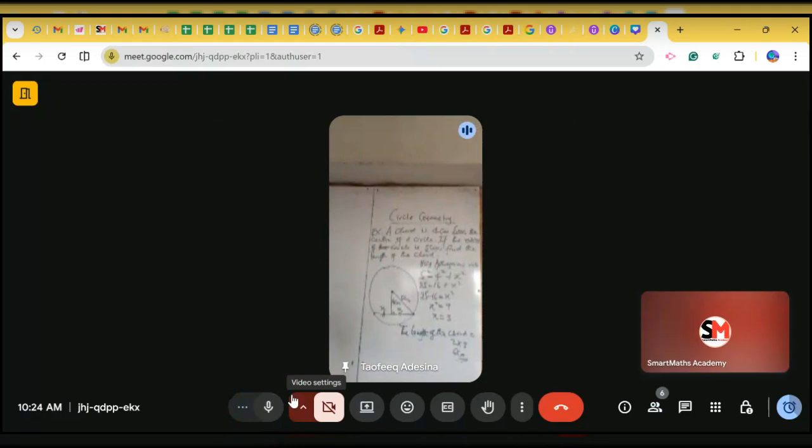I'm using Infinite Pro Max. I hope it's better now. I hope you can see it clearly now. What about others? Can you see it? Yes. All right.